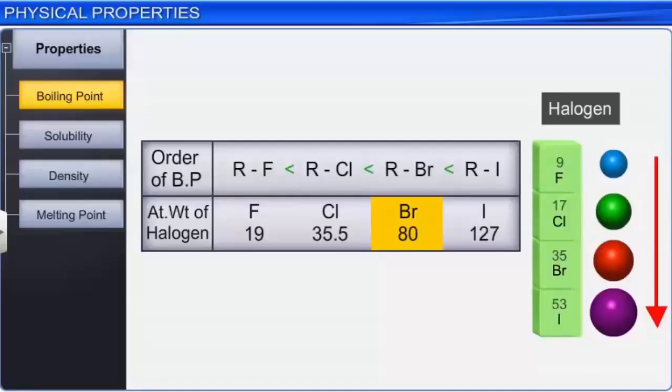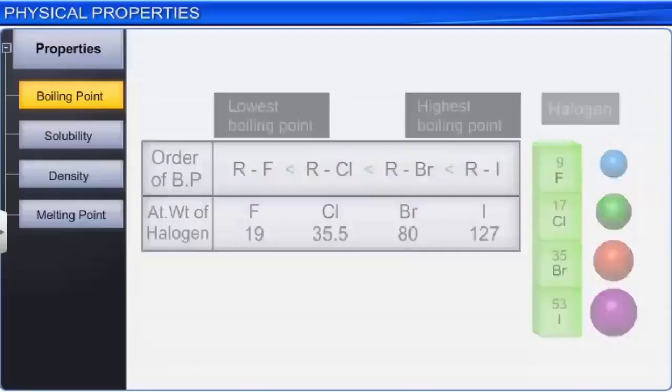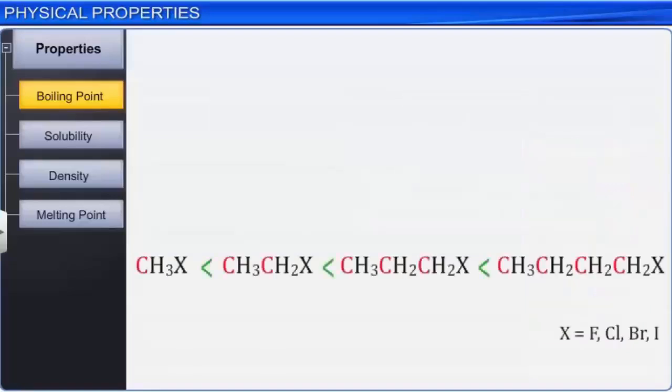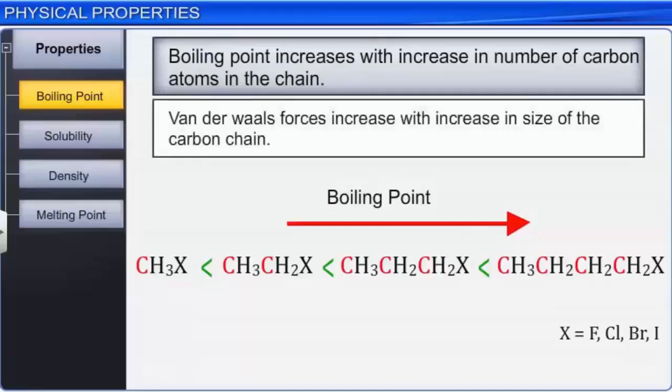Thus, among the alkyl halides, alkyl iodides have the highest and alkyl fluorides have the lowest boiling points. For a given halogen, the boiling point increases with an increase in the number of carbon atoms in the chain. This is again due to the increase in the magnitude of van der Waals forces of attraction with an increase in the size of the carbon chain.